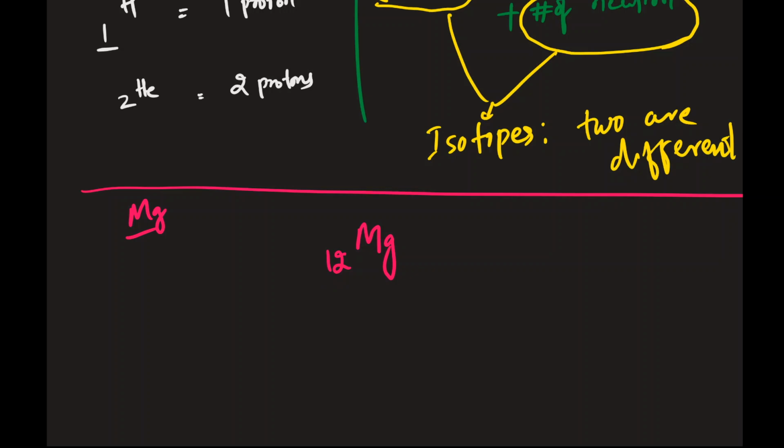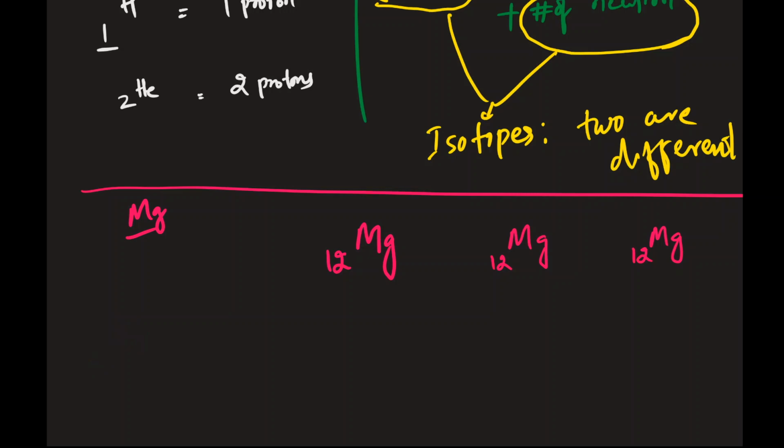So if magnesium has 3 isotopes, all of them should have the exact same number of protons, 12. Because if you add a proton and it becomes 13, then it's not magnesium anymore. 13 is aluminum. So the proton count is extremely important.